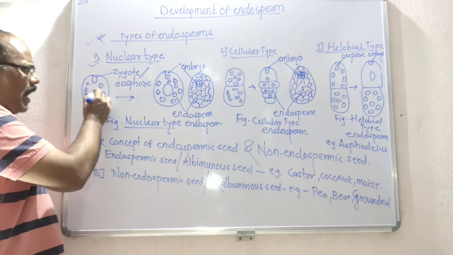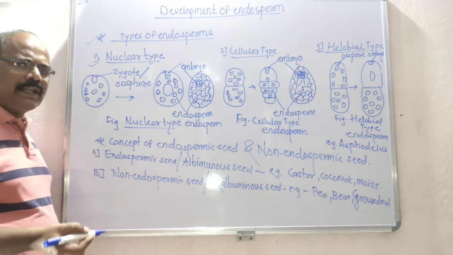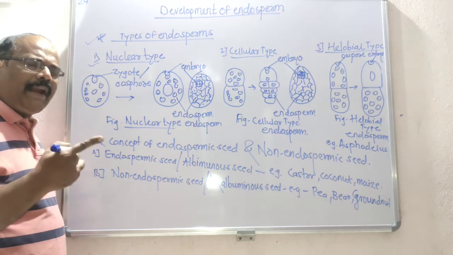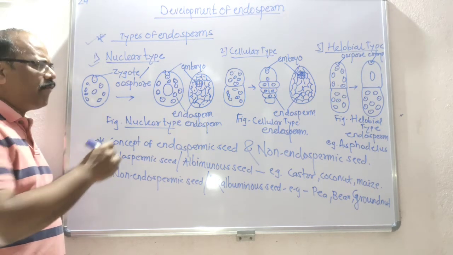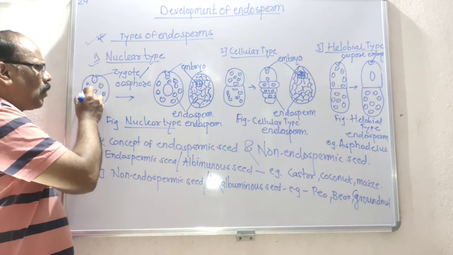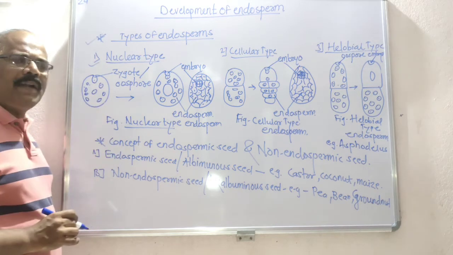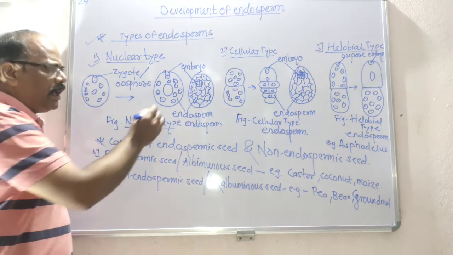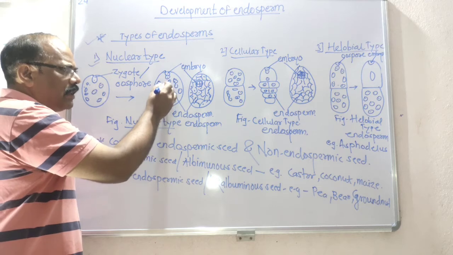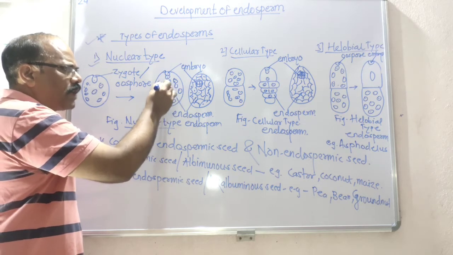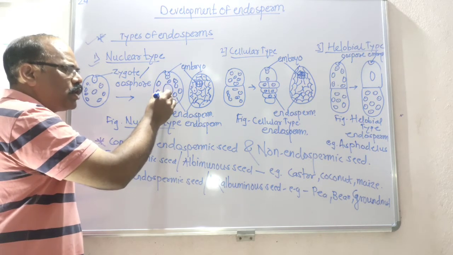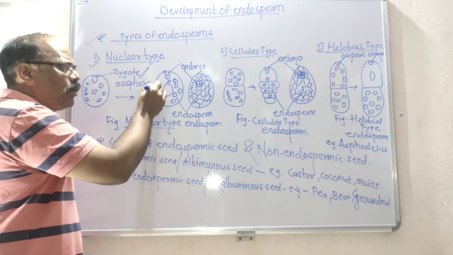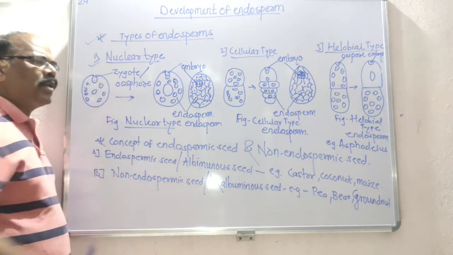The primary endosperm nucleus undergoes repeated mitotic division and forms a large number of free nuclei. In the center of the cell a large vacuole forms, which pushes the free nuclei toward the peripheral side.